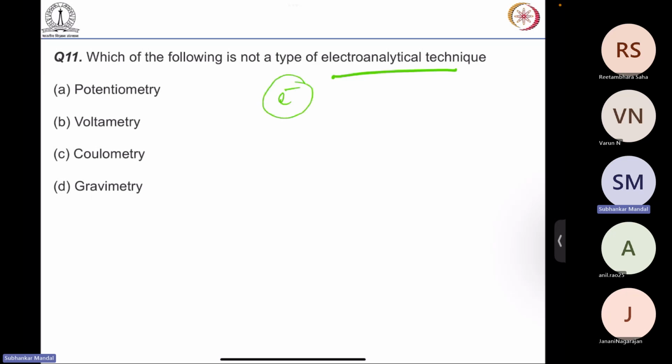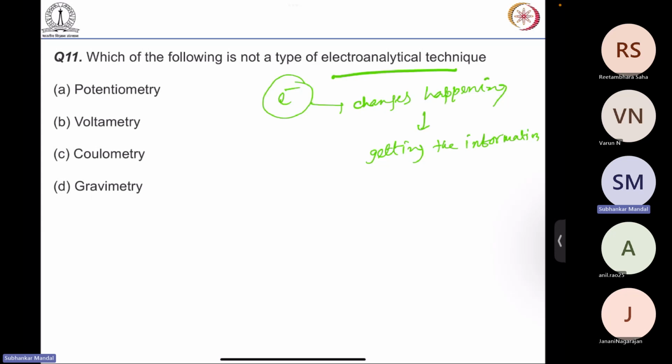You are transferring electrons, and from the changes that happen due to the electron transfer, you are getting the information.